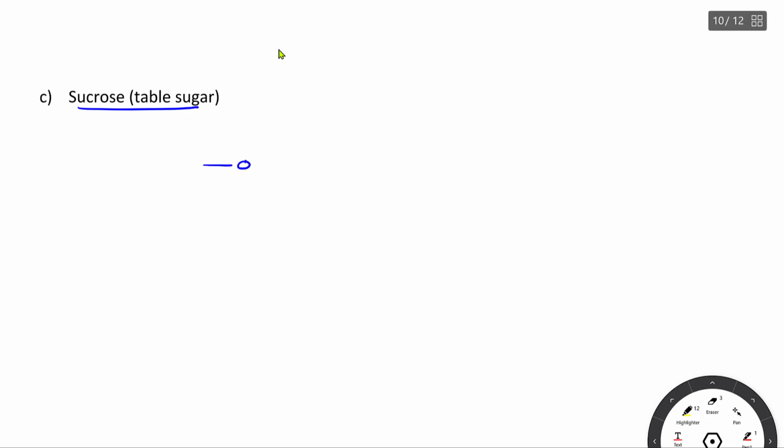The last important disaccharide is sucrose, which is table sugar, a disaccharide between glucose and fructose. I think the easiest way to draw it is like this, and it's a little weird. They usually draw this bond really long, maybe not quite that long, but put the oxygen in the middle.